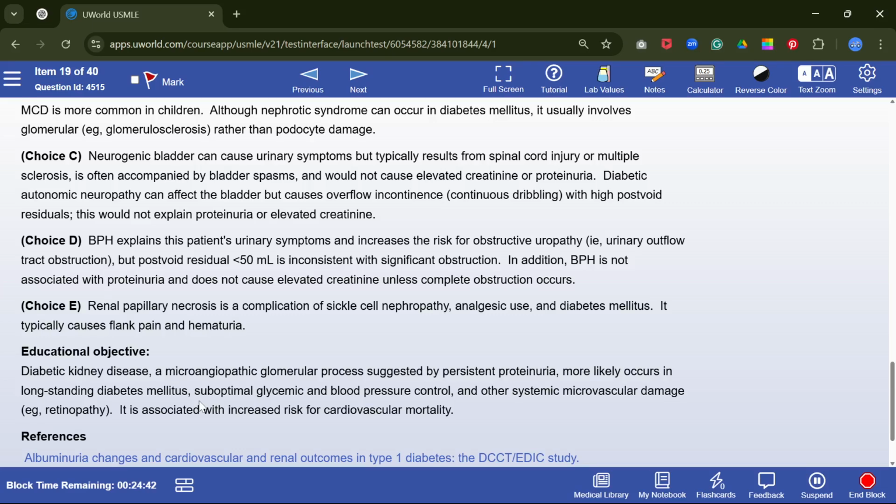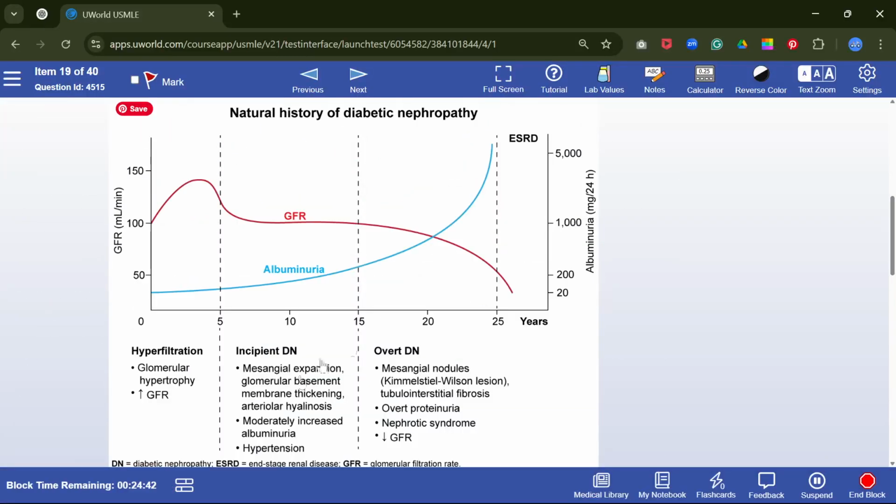In addition, BPH is not associated with proteinuria and does not cause elevated creatinine unless complete obstruction occurs. Yes, it's treatable.